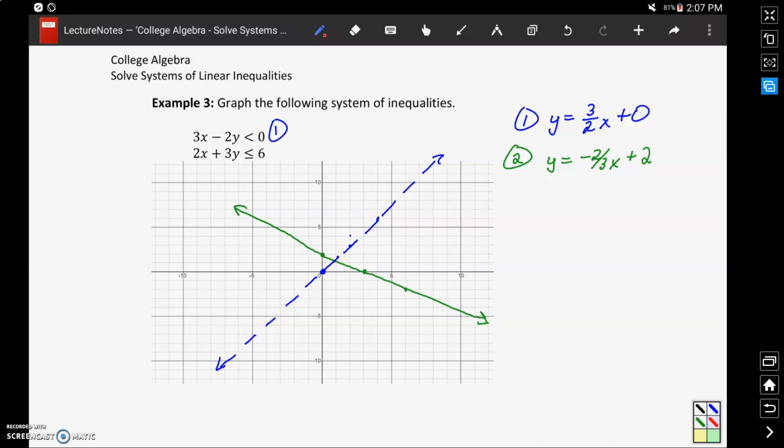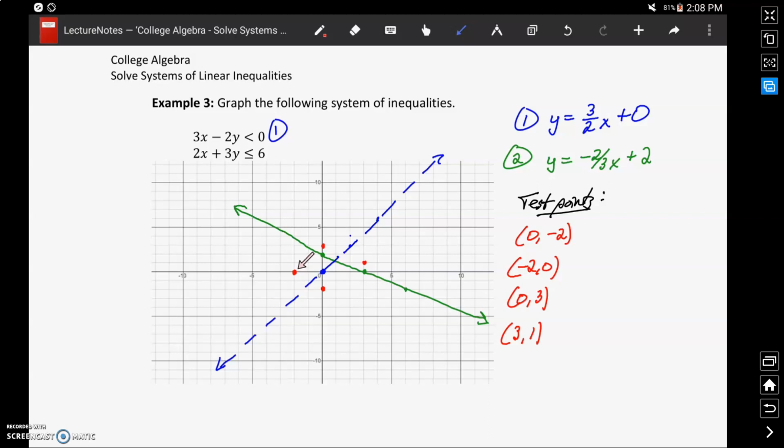We can look at selecting test points, though this time around we won't be able to use 0, 0, because our second boundary line passes through that point. We could, however, look at using 0, negative 2, negative 2, 0, 0, 3, and 3, 1 as test points to consider.